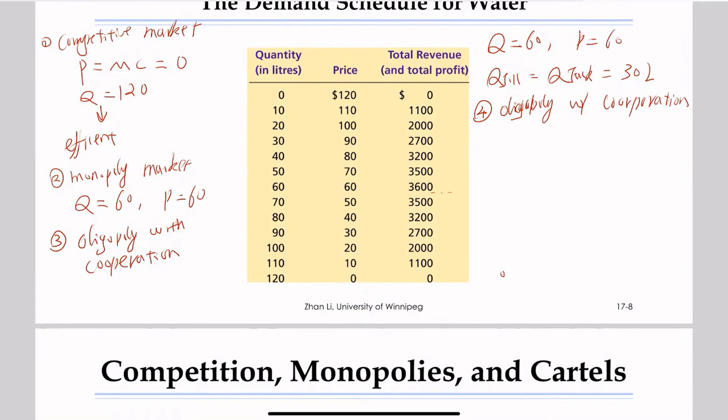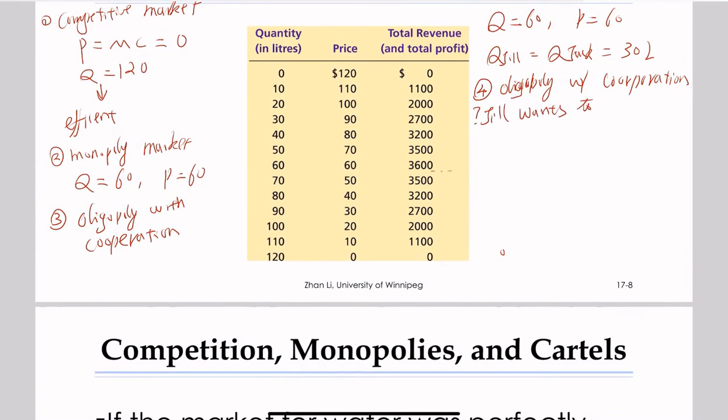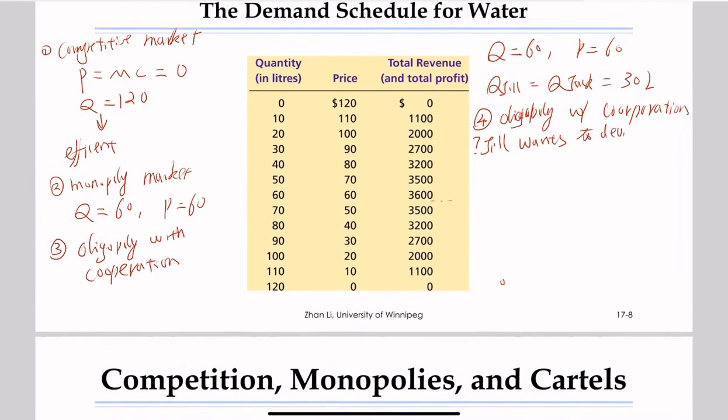Well, this is actually easy to see. Now let's ask whether Jill wants to deviate. That is, will Jill want to deviate from producing 30 liters? Let's examine whether Jill wants to go from 30 to 40.